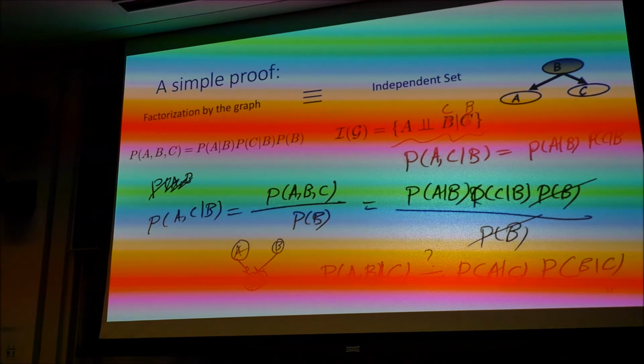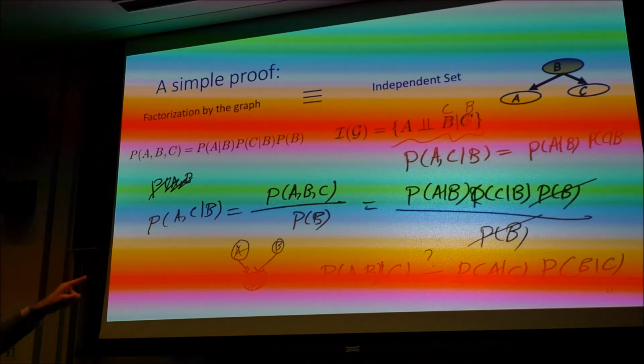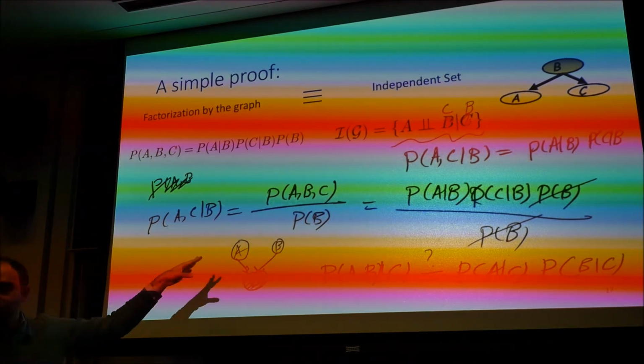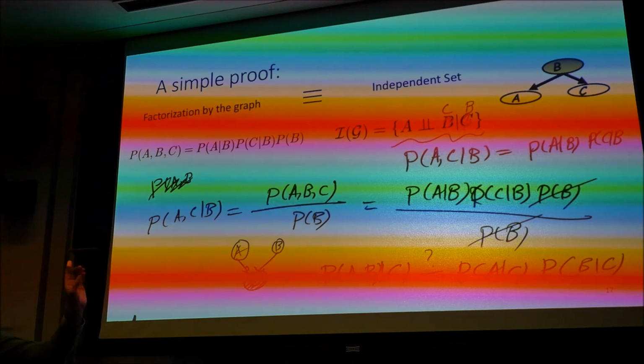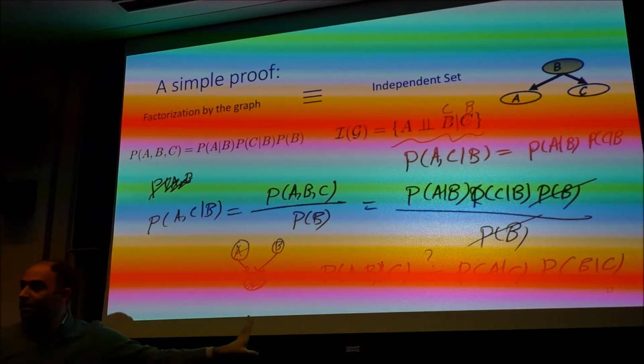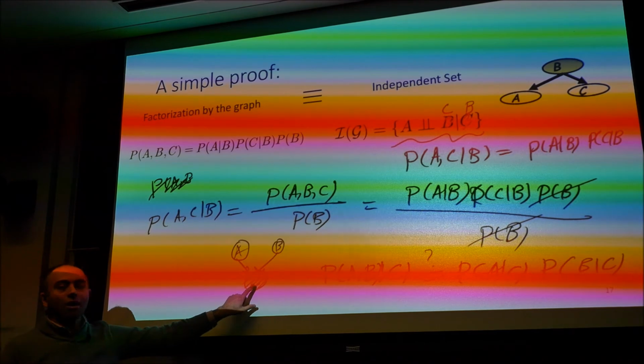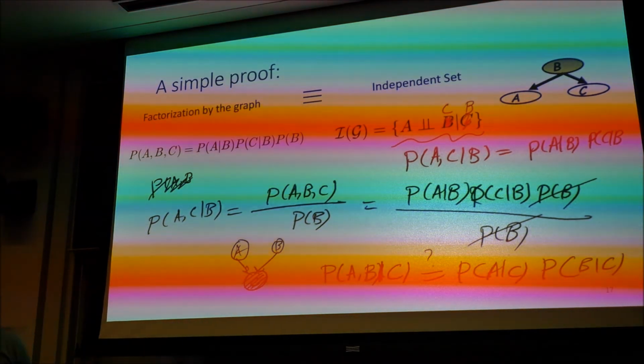No. Why not? Because we just established that they are dependent. Yeah, so this is called a V structure. Although they are marginally independent, if I know something about C, they are not independent anymore. Right?